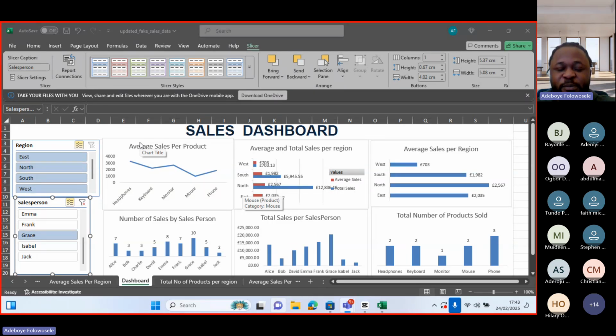So it's not only being able to draw this, creating pivot charts, creating pivot tables. You need to be able to explain your data analysis to your stakeholders. You need to be able to communicate effectively to them. And this is one of the things that makes you a good data analyst.